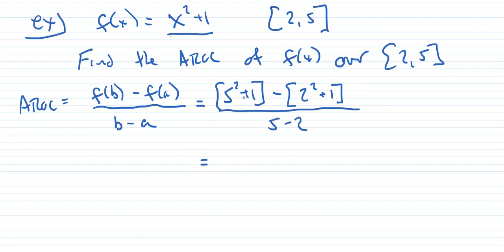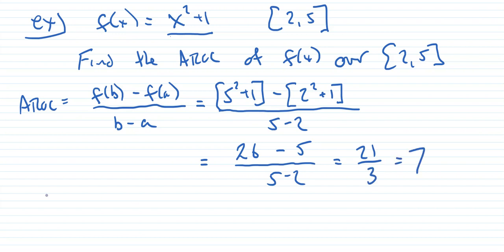Well, 5 squared is 25 plus 1 is 26. Minus 2 squared is 4 plus 1 is 5. All over 5 minus 2, which is 21 over 3, which is 7. So the average rate of change of this function over this interval is 7.